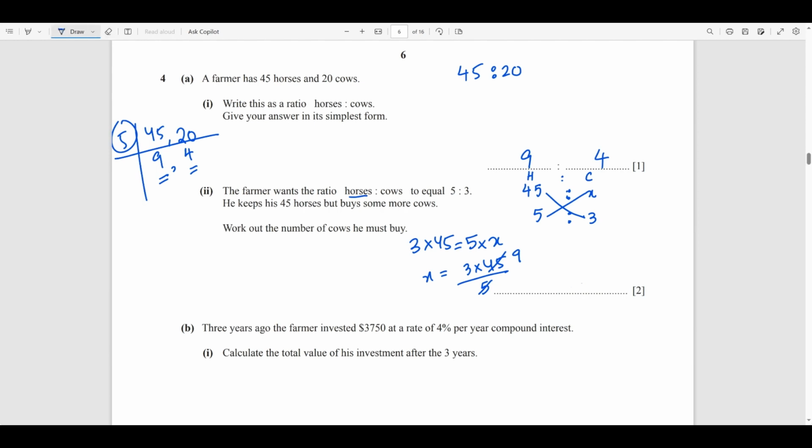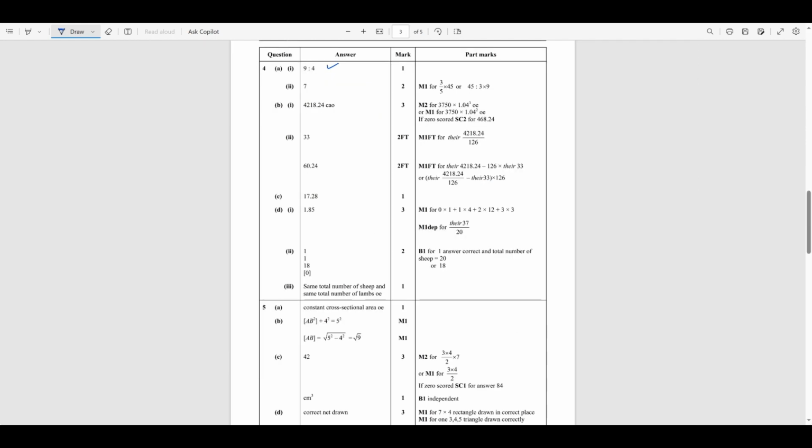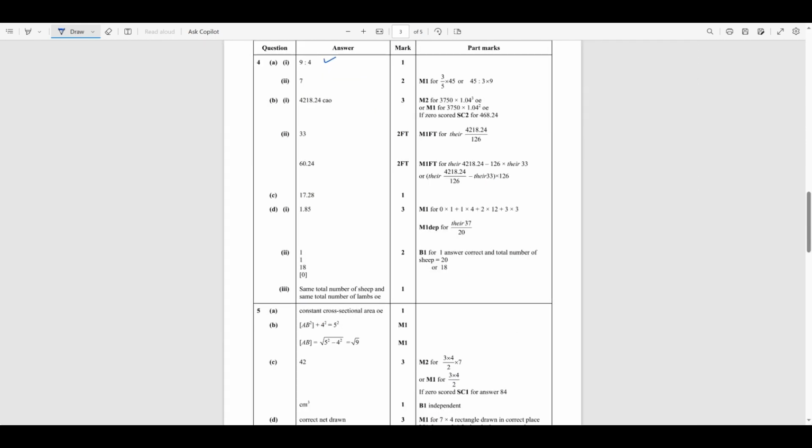The number of horses and cows have to be 45 and 27 in order to give the ratio 5 is to 3. But how many more cows? He already had 20 cows, so I think he needs to buy 7 more cows, right? Yeah, okay, so 7.